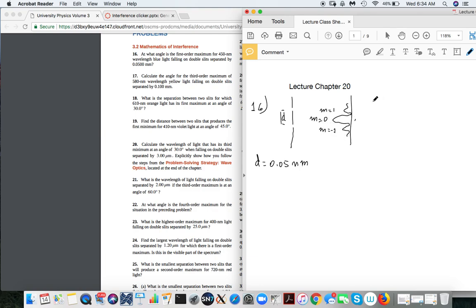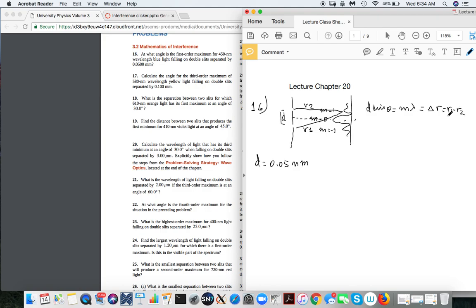Basically d sine theta is equal to n lambda. n has to be an integer so that d sine theta, which is equal to the change in path of the light rays going from here to there, R2 minus R1.